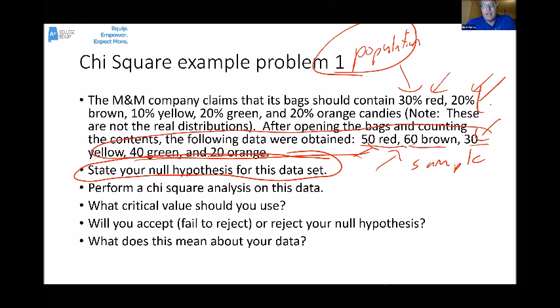Which means, what are we saying? If we're rejecting the null, what does that mean? There is a difference. Something's going on, something's weird about these M&Ms. The M&Ms in our bag do not match up with what the company says they ought to be. So by rejecting the null hypothesis, we're essentially supporting an alternative hypothesis. Something weird is going on with these M&Ms. Does that make sense?